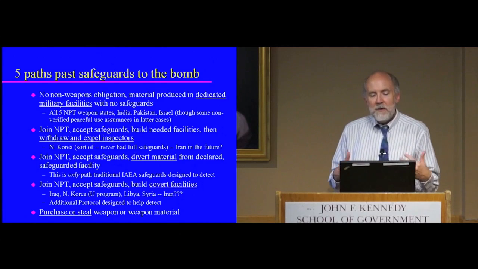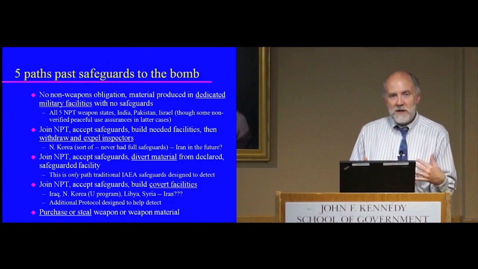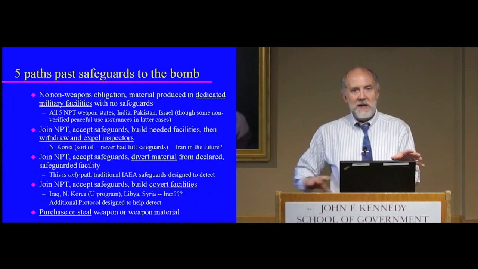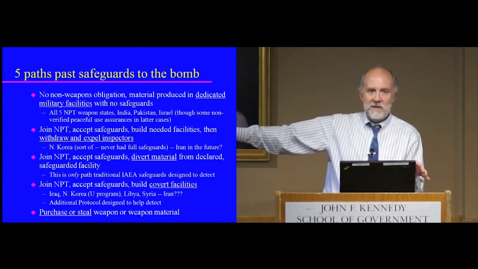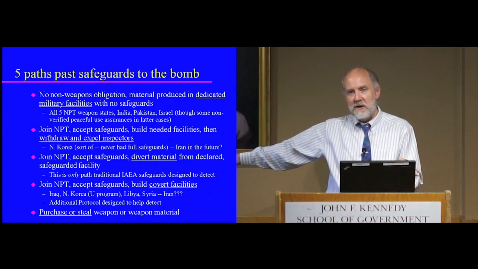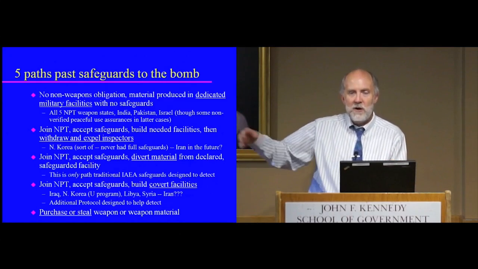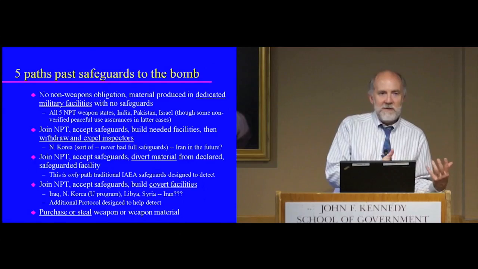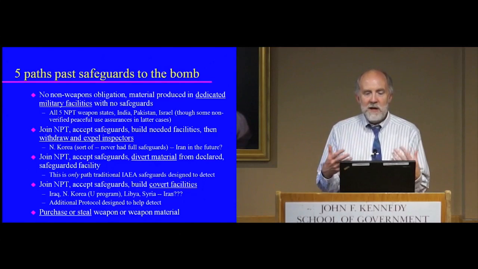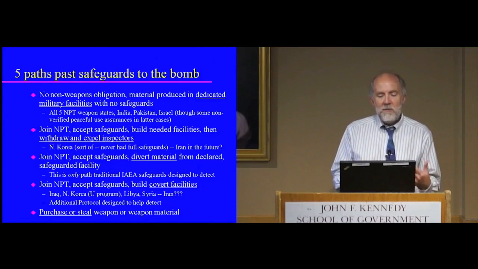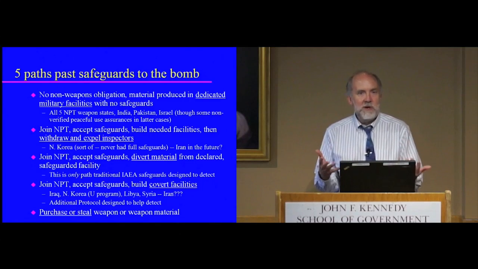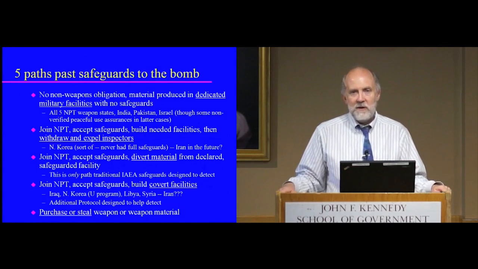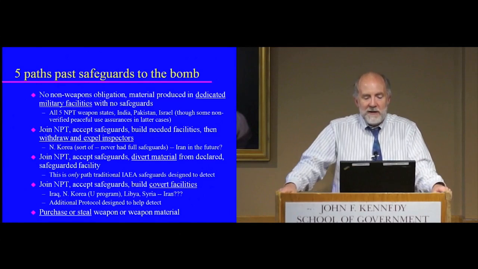So then another option would be to join the NPT, accept the safeguards at the declared facilities, but then have a secret facility off to the side somewhere, or maybe more than one secret facility off to the side somewhere where you're really doing your nuclear work. And since the inspectors aren't there, the traditional safeguard system wasn't really helping with that. And that's part of why we have a new and different safeguard system now that includes something called the Additional Protocol, which I'll talk about in a moment.